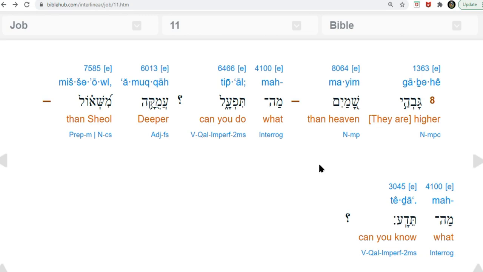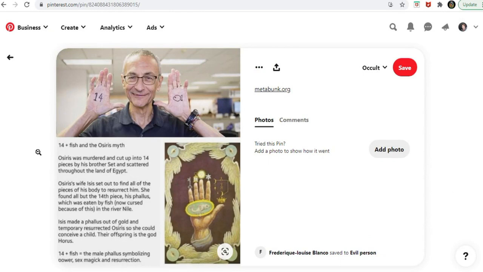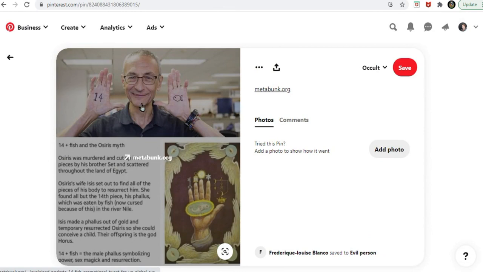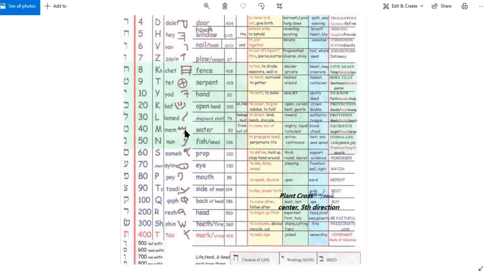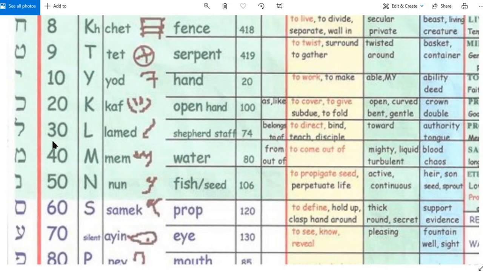So we're now in the age of Aquarius, and 2 years ago we got the sign. Just over 2 years ago, just before the Christchurch massacre, this picture was taken by somebody in the know with these 14 fish. And so 14 fish is a secret code. The fish is the N, but the 14 is also the N. You have Yod, 10, 11, 12, 13, 14.